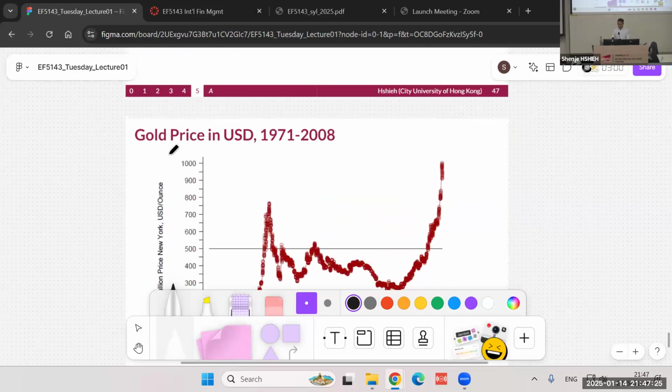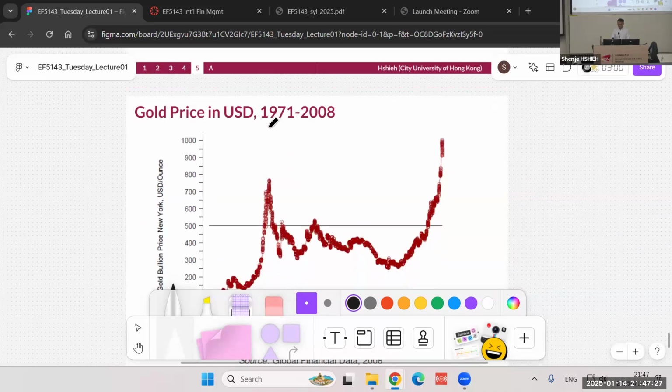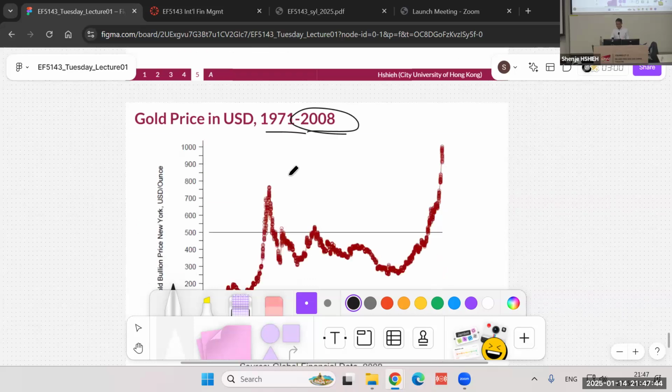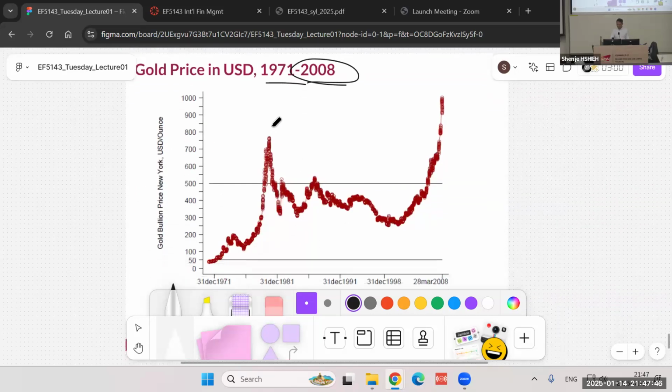And so here I have the gold price in terms of US dollars from post-Bretton Woods, 1971, to the financial crisis of 2008. As a result of floating currencies, you have frequent crises, right? Because people tend to lose confidence in their countries every 10 years or so. And so here we have a banking and loans crisis.